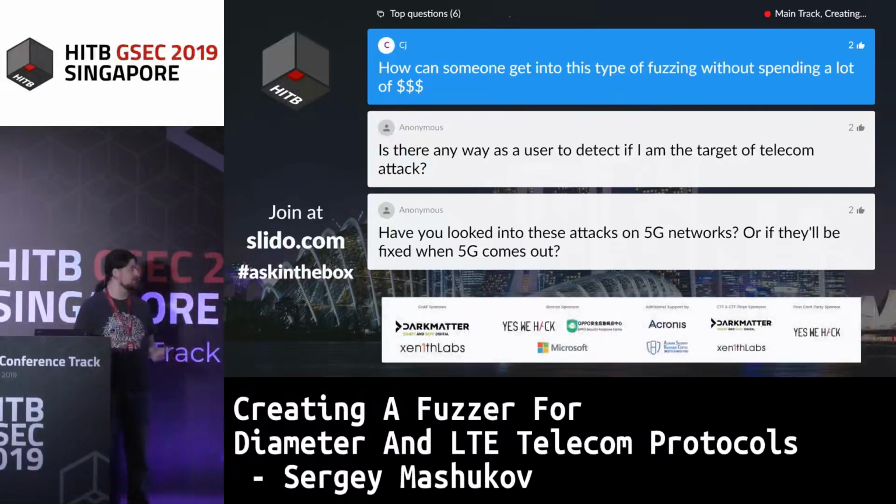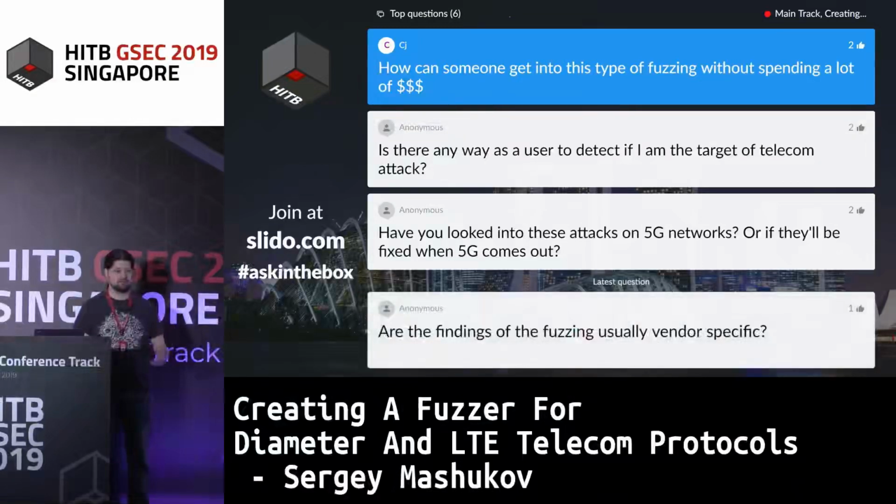It doesn't take any money to start. All you need is skill and like a week of work. That's it. And actually, that's the message of the talk. You don't need to buy these overpriced fuzzers to find actual problems in a telecom network. If you are in the MNO, you just need to start doing it. It's easy.